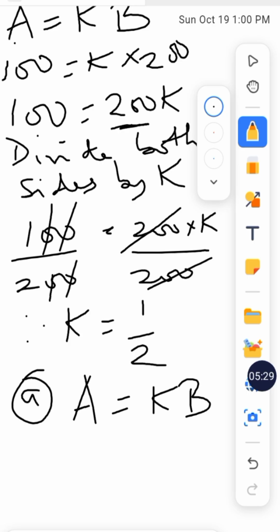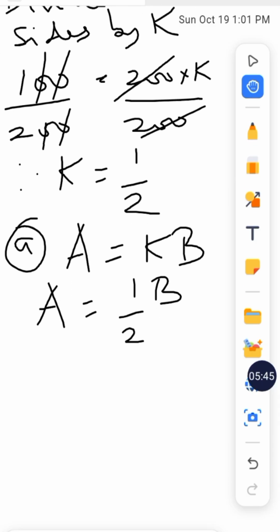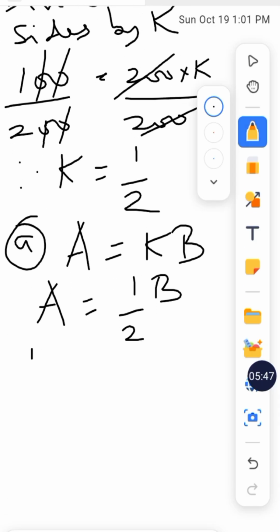Now that we know what the value of our K is, we substitute. That will be A equals half B. This is the relationship connecting A and B. That means A is half of B. So A equals half B is the relationship or equation or formula, like some textbooks would prefer to use.